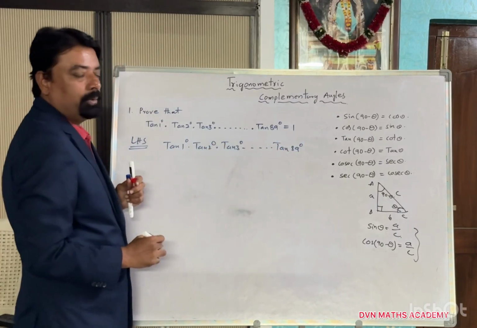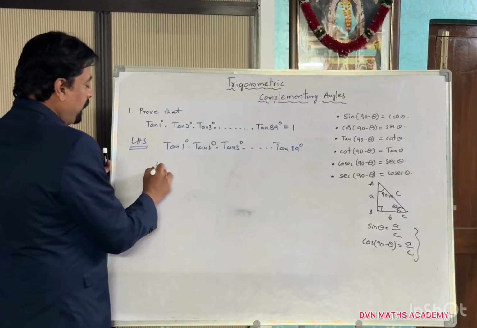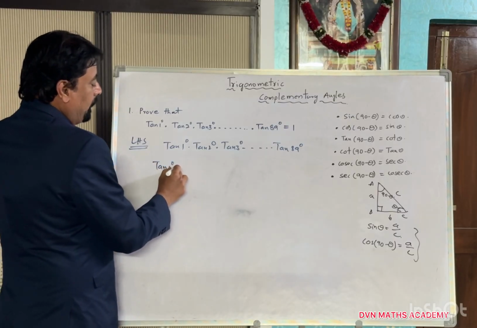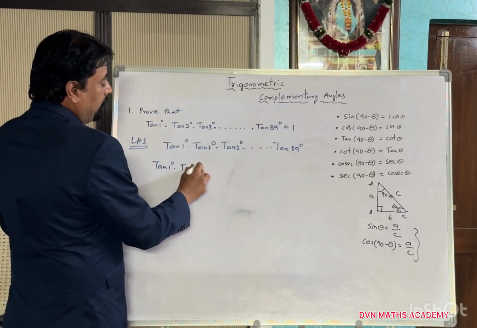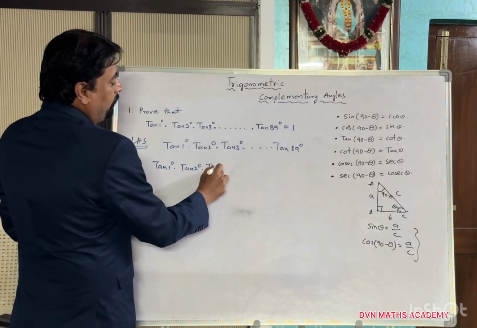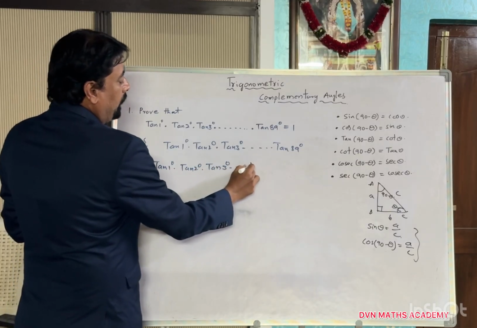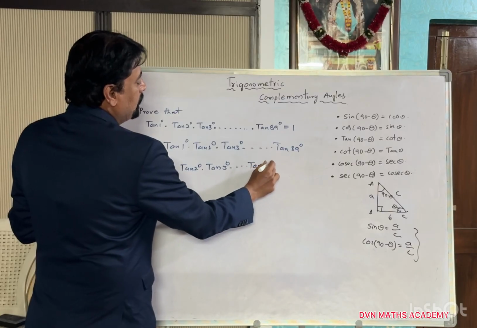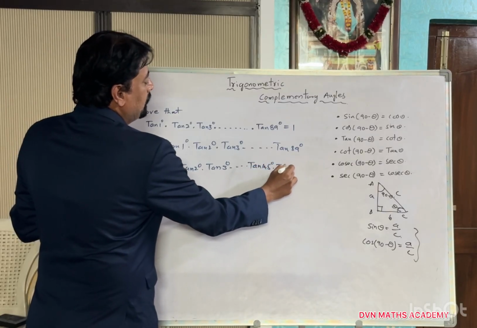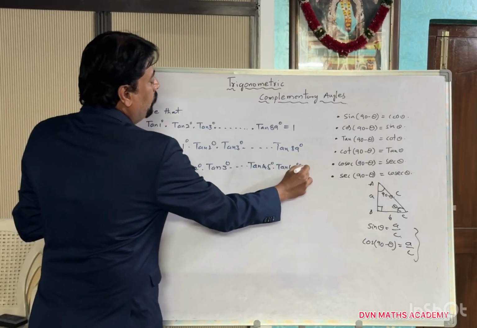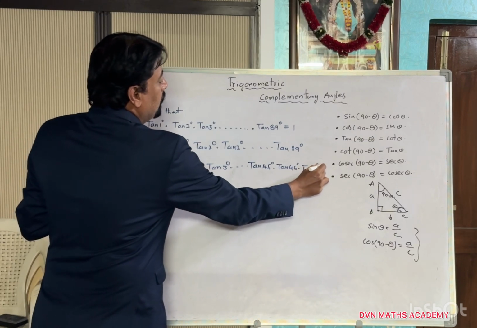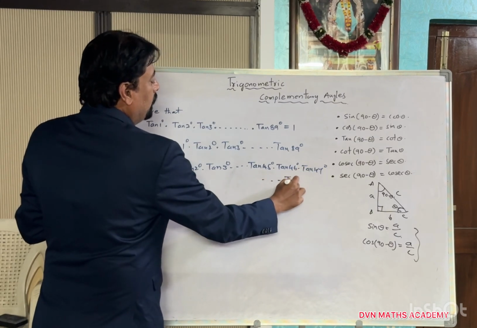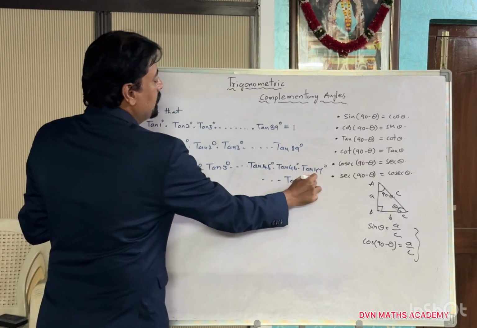This value I want to prove is equal to 1. In between somewhere you will get tan 45 degrees, tan 46 degrees and tan 47 degrees, dot dot dot tan 89 degrees.